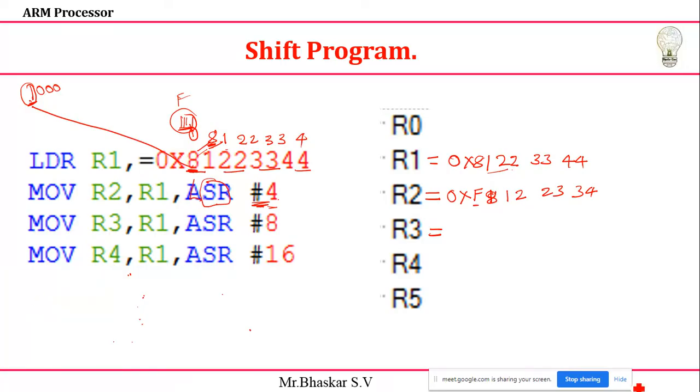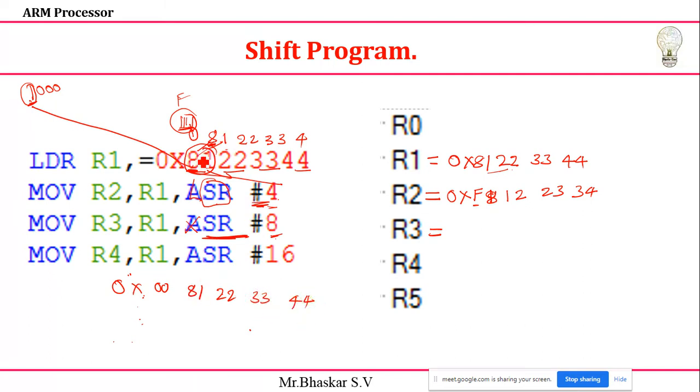Same process, but it is 8 bits. So leave logical first, and check the arithmetic shift right value. Now shifting right by 8 positions means these two digits will move to here and these two digits will be filled by zeros. I'll get the value 0x00812233 44.